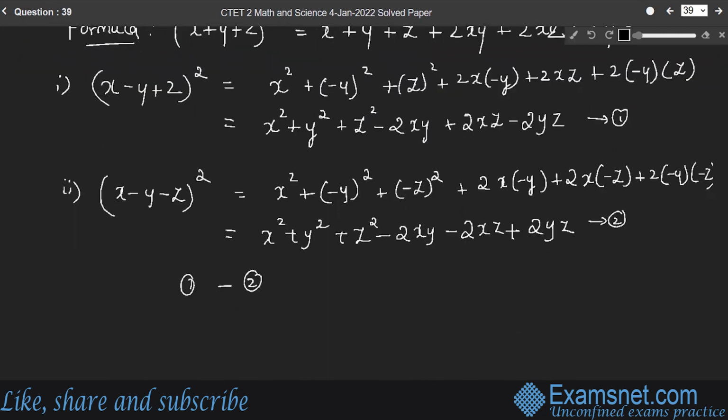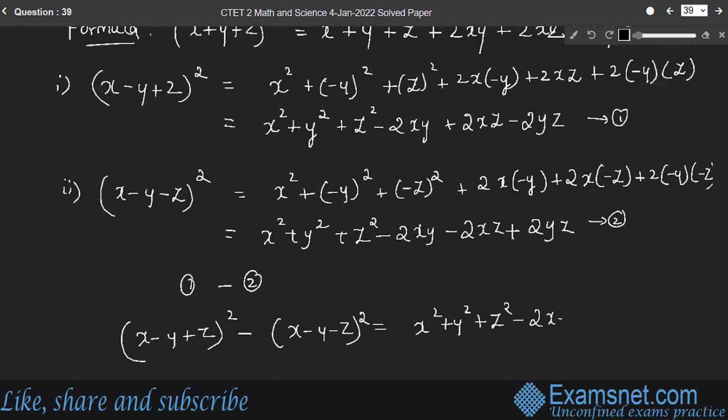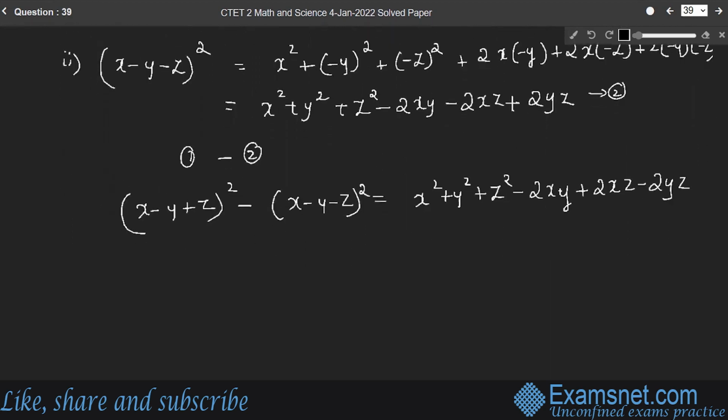1 minus 2 gives x minus y plus z whole square minus x minus y minus z whole square is equal to x square plus y square plus z square minus 2xy plus 2xz minus 2yz. Here in the second term, it is minus x square, minus of plus is minus y square, minus z square.